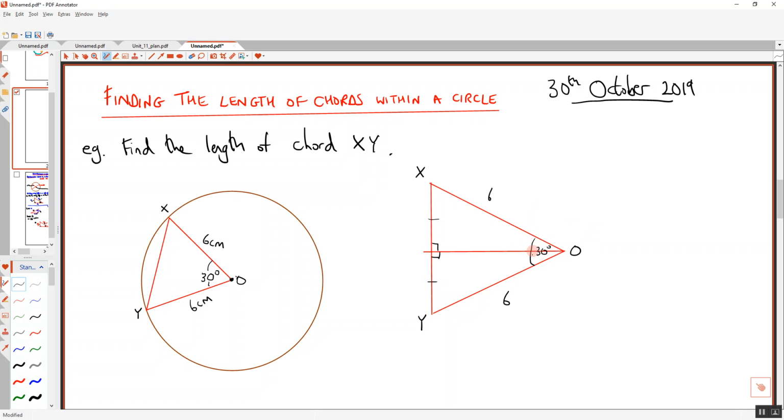Alright, now if I've cut this angle in half, what is then this part? Yeah, that has to be 15 degrees. Okay, I could work out this angle if I wanted. Right, good. But now what I've got is, I'm going to draw another triangle.